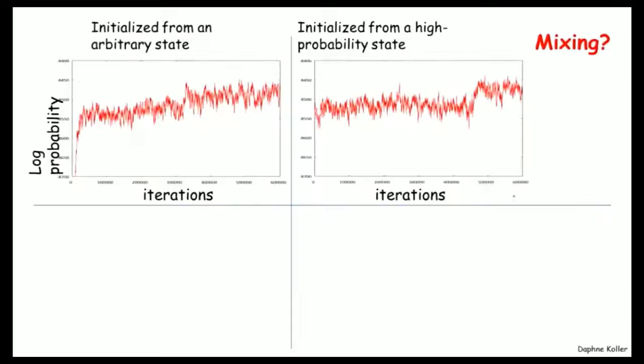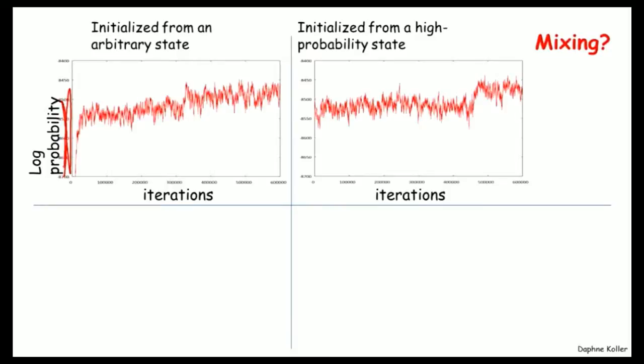So what might we do more concretely? Let's look at two examples. Here are two example runs of a chain that we'll describe a little bit later. And what we measure here, and this is the first statistic to measure in Markov chains, is the log probability of a sample.